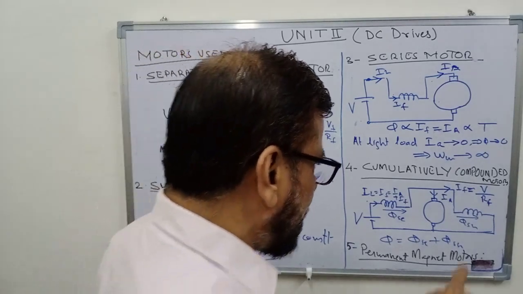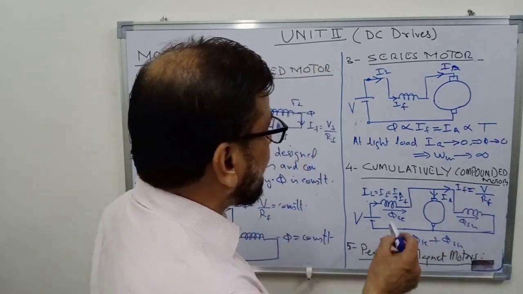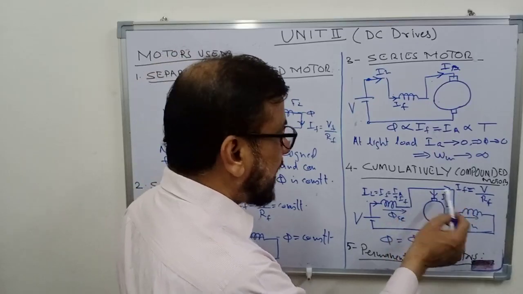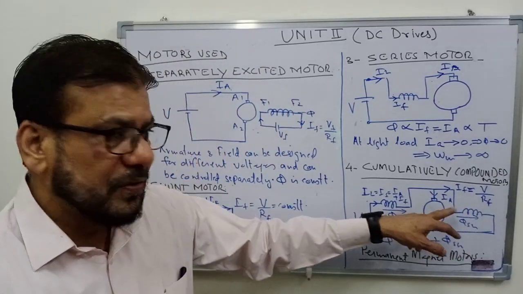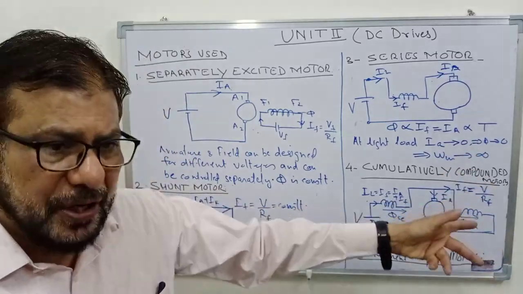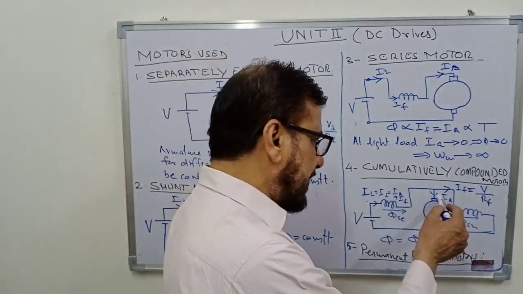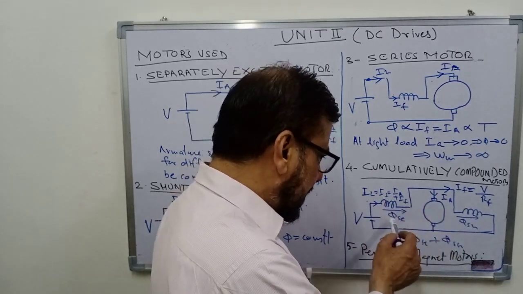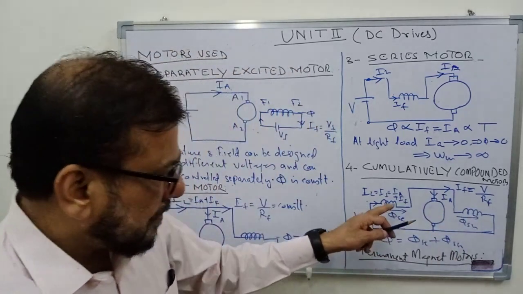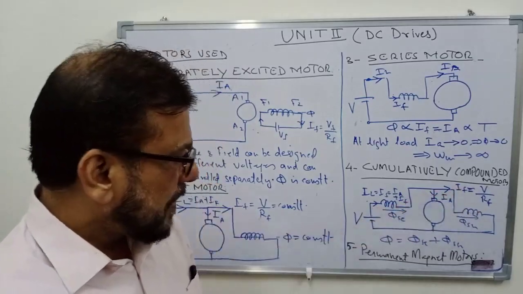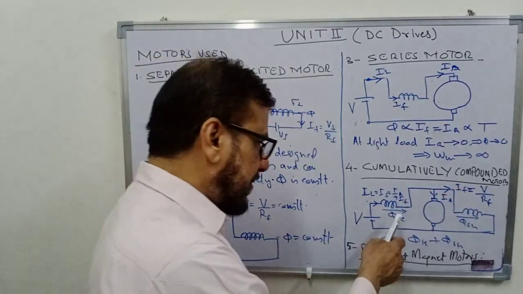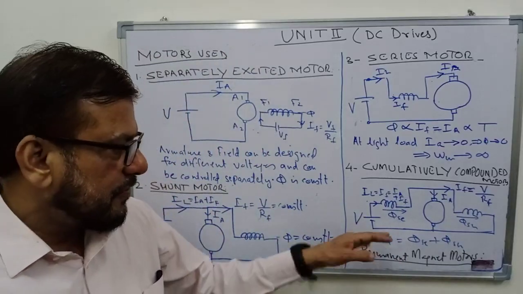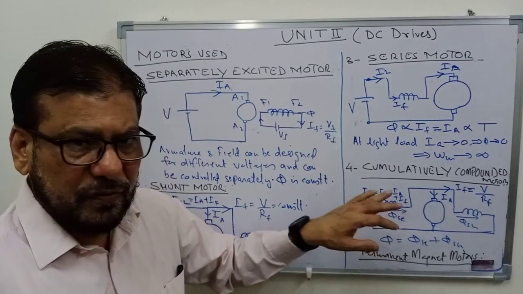So this is constant, whereas this current is the summation of IA plus IF, and IA, as you know, depends on torque on the motor, so it is load dependent. So as the load varies, IA will vary, and the line current, which is also the series field winding current, is the summation of IA and IF. So as the load varies, the series field current will vary and the flux produced by this will also vary.